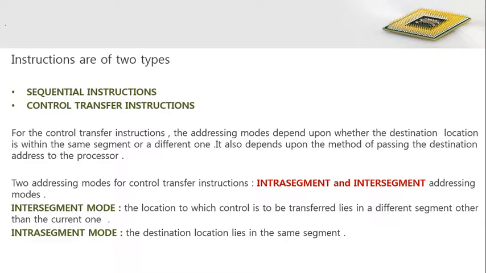Next, we need to consider some other point: in general we have two types of instructions, sequential instruction and control transfer instruction. Sequential instruction means for a given set of program codes, the instructions are executed one after another in sequential mode.